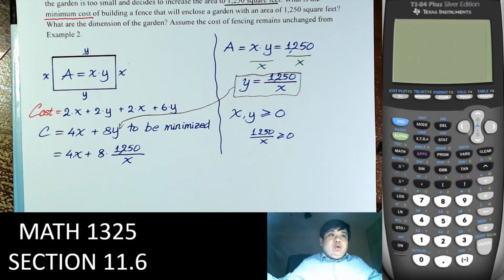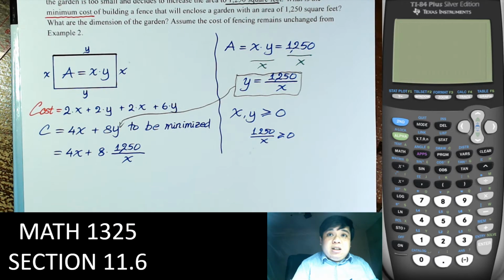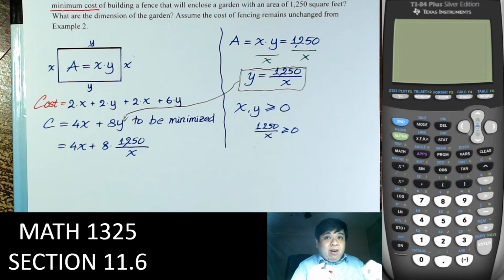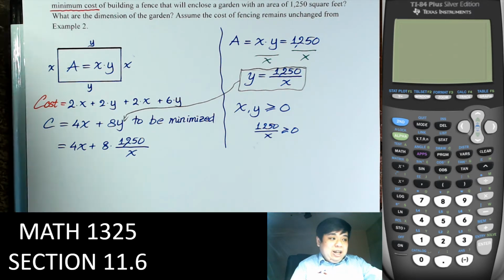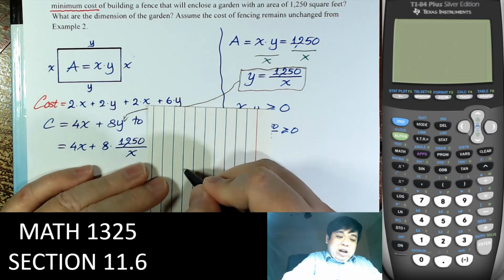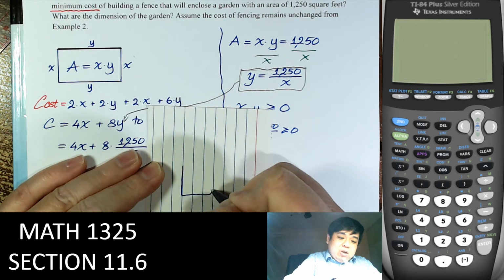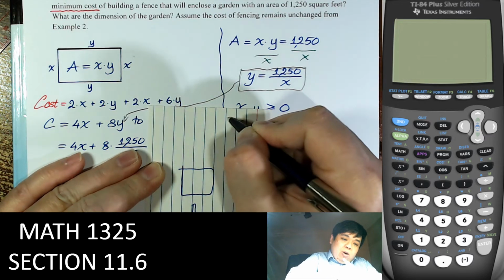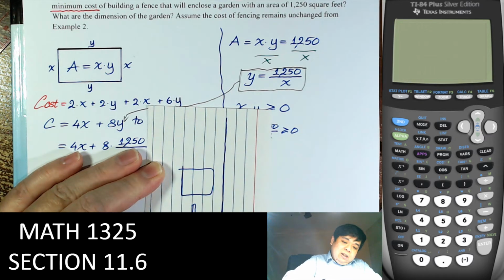In that case, the cost will be huge, right? X could be 10,000 feet, a million feet. It doesn't matter. The area, as long as it is 1250, is fine. However, the cost will be expensive too. So, bottom line, if we want the area, it could be a square, or it could be extremely thin.